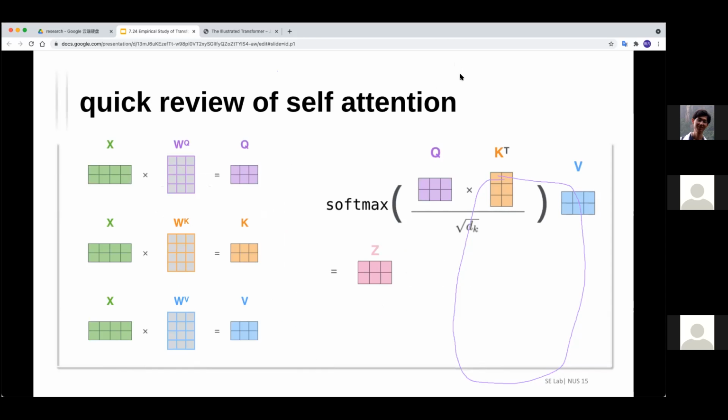Now a quick review of the self-attention. We first have 3 trainable weight matrices to get the query, key and value, and then compute a score and multiply with the value to get the final new embedding of the token. This is the self-attention.